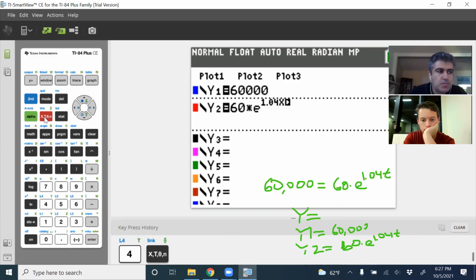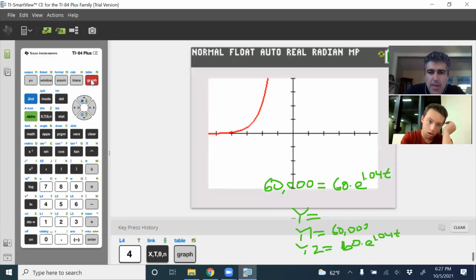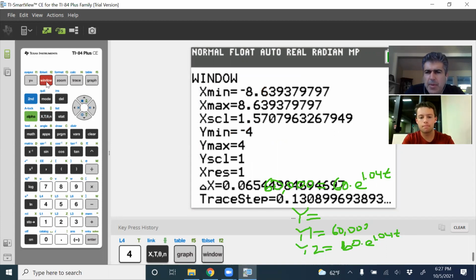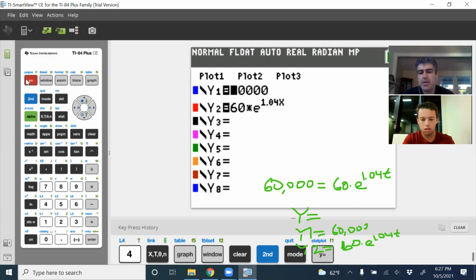Now, we hit graph. You're probably not going to see much of anything. The reason why is if you hit window, what do you see when you hit window? Oh, it just did a syntax error after showing it. Make sure you typed it correctly. Go back to Y equals. So I have 60,000 for Y1, and then Y2 is 60 times e to the 1.04x.